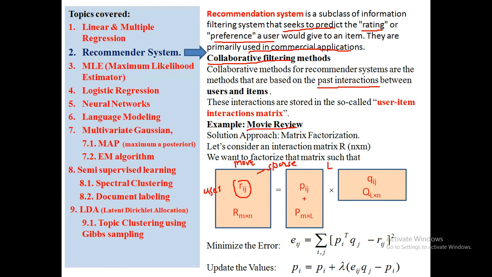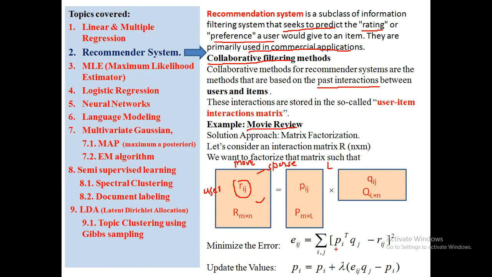Initially the values of P and Q may be given small random values, and we have to update the values of P and Q so that the product of the two should match with R. So how to do that?